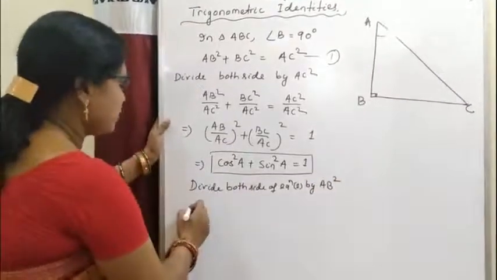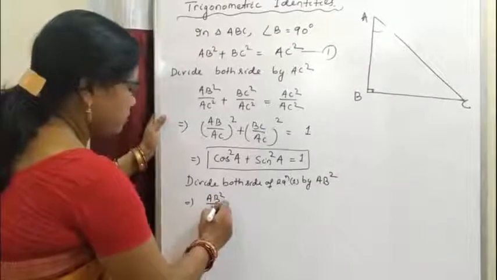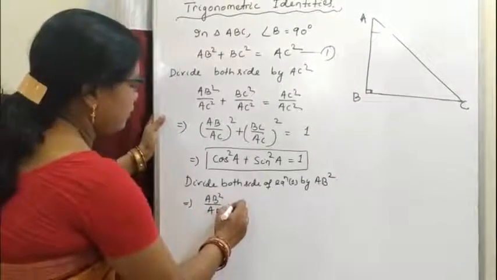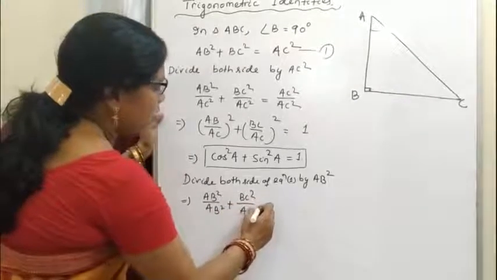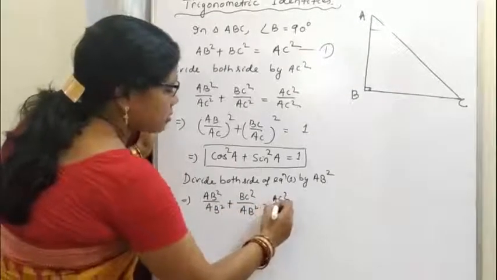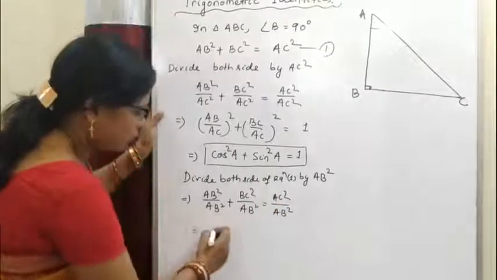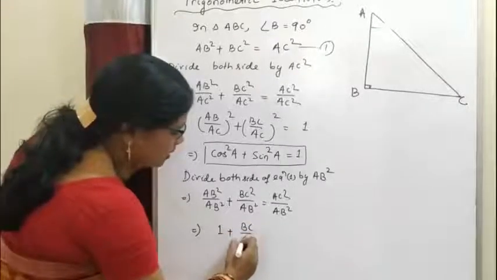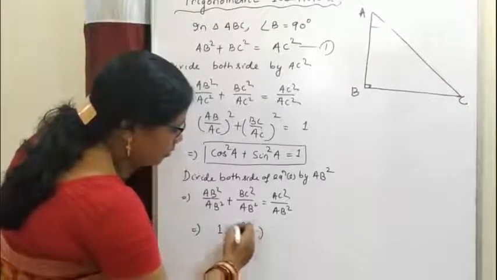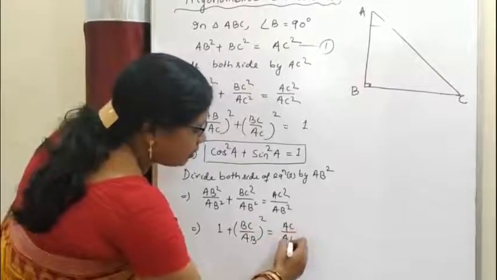So this becomes AB square by AB square plus BC square by AB square is equal to AC square by AB square. So this is 1 plus (BC by AB) whole square is equal to (AC by AB) whole square.